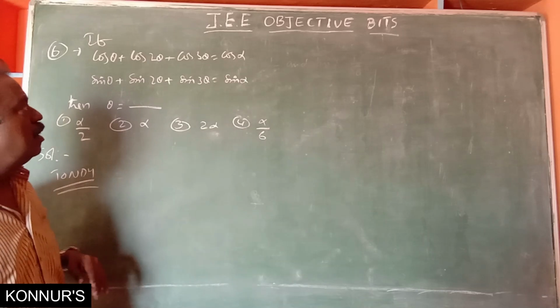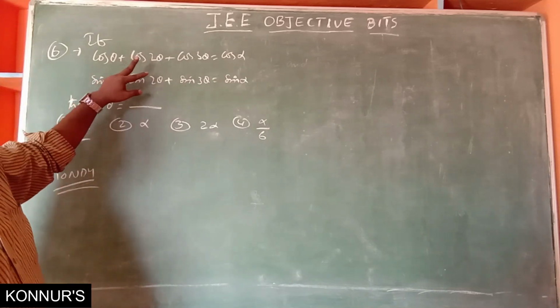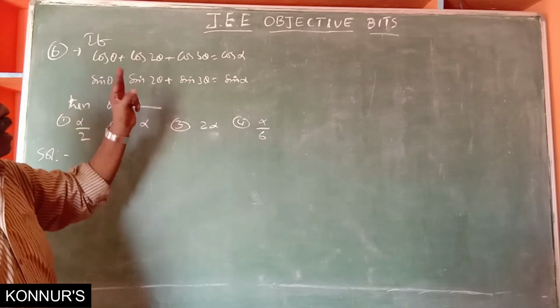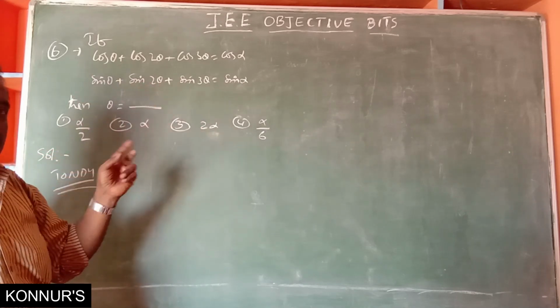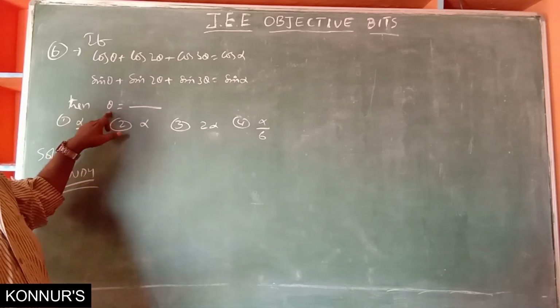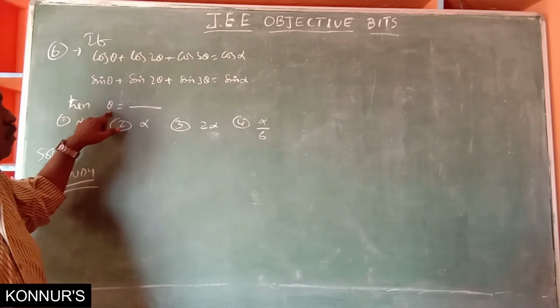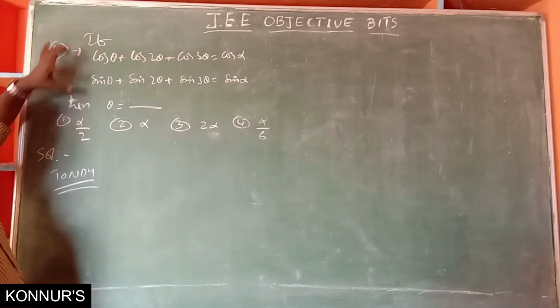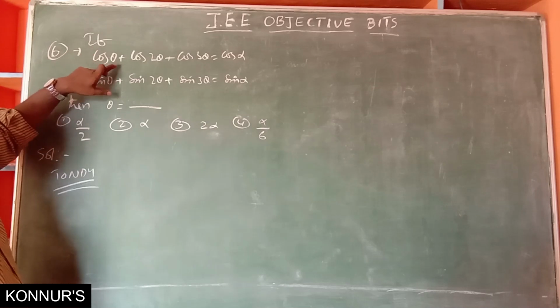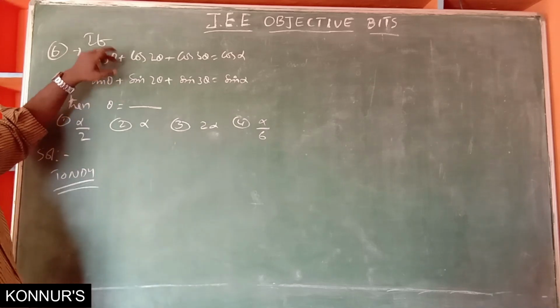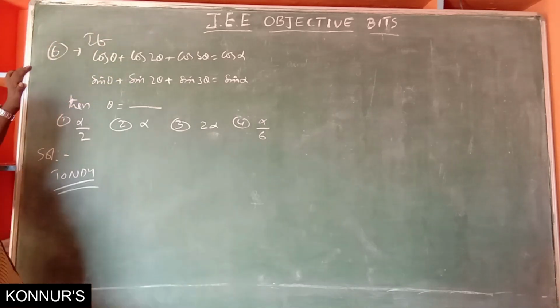Because there are 2 given equations, and the data is 2: theta and alpha, 2 variables. But we are asked simply for theta. For this one, we apply the 2D method. For what values of theta and alpha will these 2 equations be satisfied?